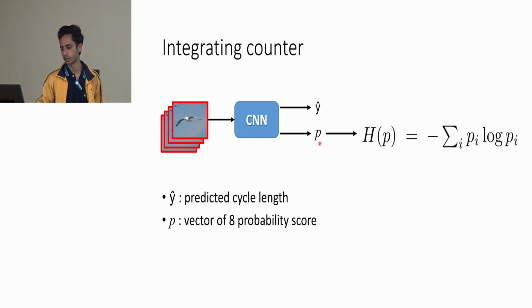So to do that, they use this function to get the entropy, and they experimentally verify that for those sequences where there's actually an action repeating, the entropy score will be very low. So if the classifier is predicting with very high confidence for one of the 8 cycle lengths, then in such cases this entropy will be low.